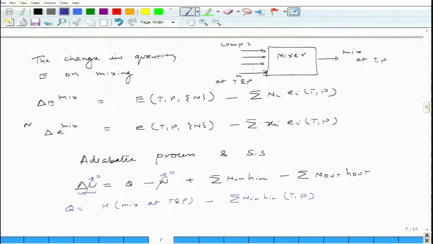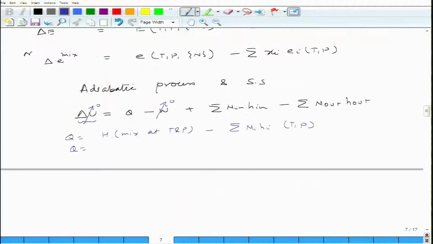Q has to be 0, that is what we are saying. Since it is adiabatic, Q needs to be 0. So, this is a generic expression, and this would be nothing but your delta H mix, by definition.